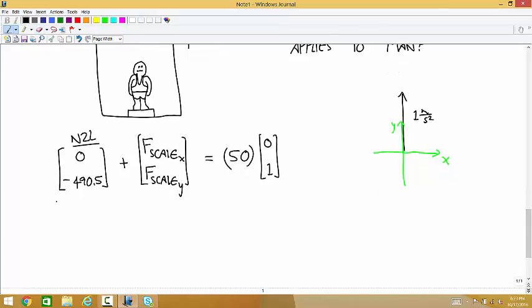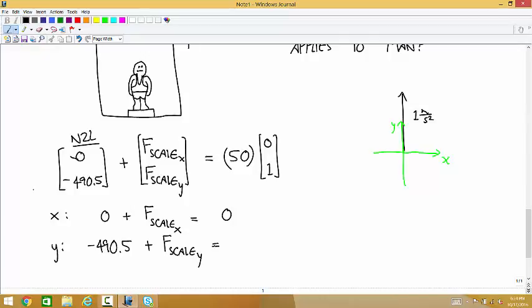And I'll break it up into an x equation and a y equation. The x equation says 0 plus F scale x is equal to 50 times 0, so that's just 0. And the y equation says negative 490.5 plus F scale y is equal to, this time, 50 times 1, so 50.